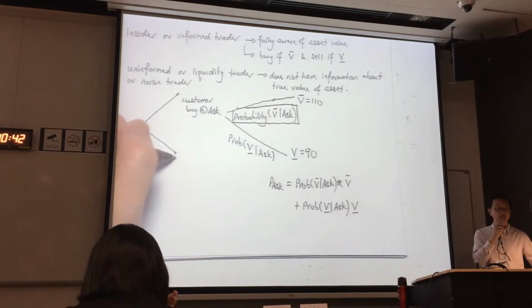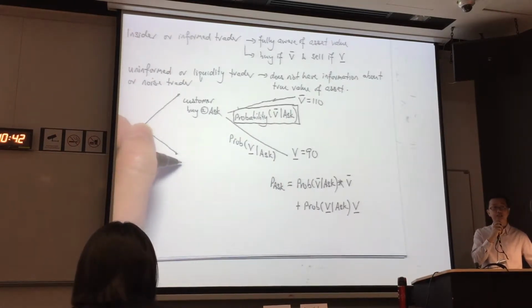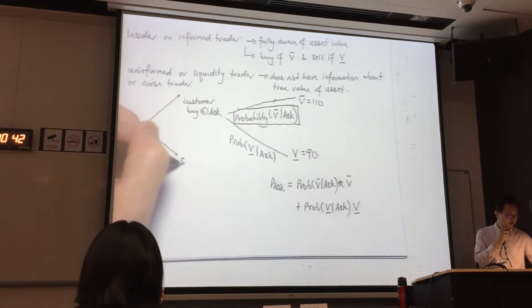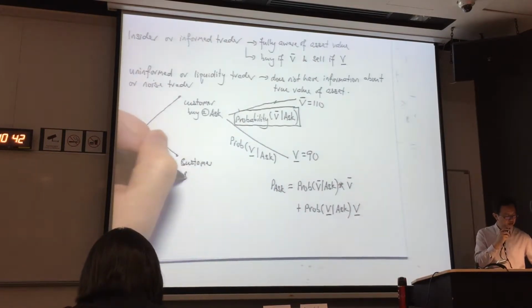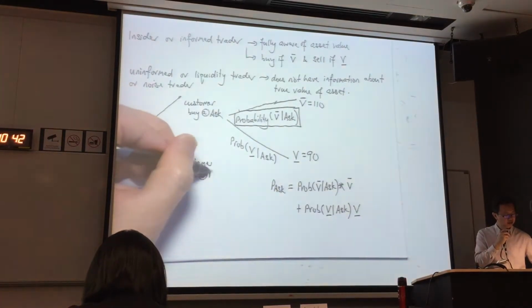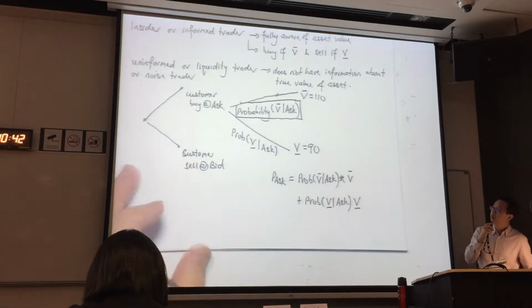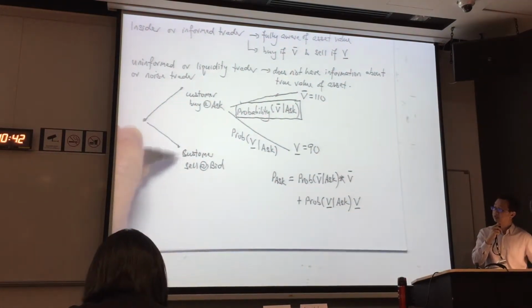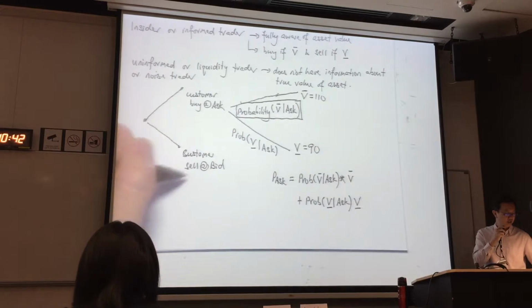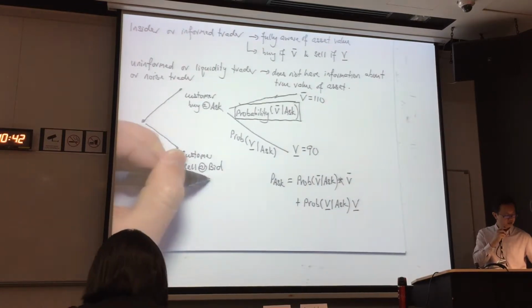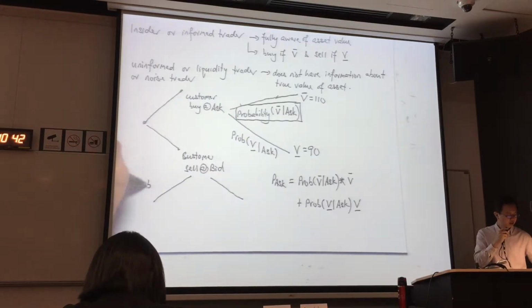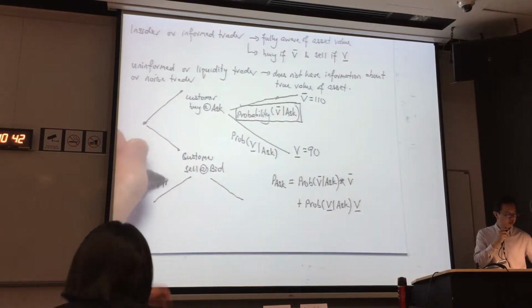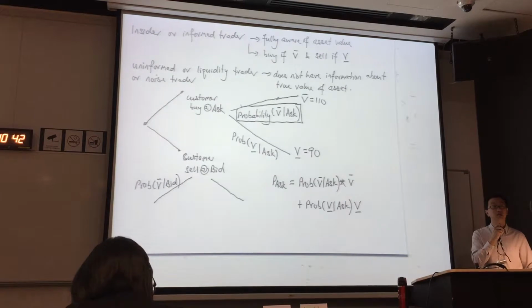As for the bid price, is it due to the customer buying or selling? Selling. So this is the customer selling at the dealer's bid. Similarly, when the customer sells at the dealer's bid, we are going to find out the probability that the value is high, now that the transaction is at the bid.